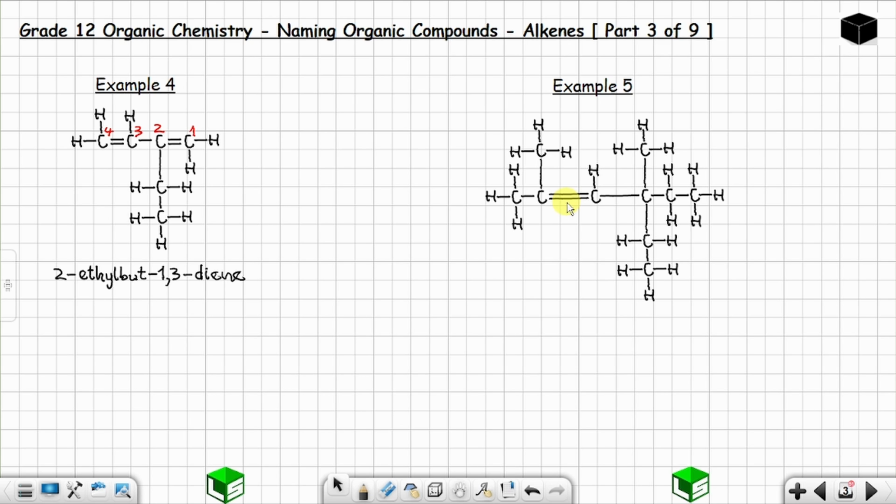Okay, so it will be 1, 2, 3, 4, 5, 6. So you have 6 like this, 5 like this. So the longest carbon atom chain that contains the double bond is this one.